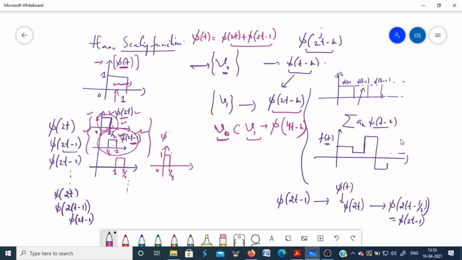This is phi of 4t. Then when you have phi of 4t minus 1, it means you have to shift it by 1 by 4. Then I have phi of 4t minus 2, shift again by 1 by 4, not 1 by 2, sorry. So this is phi of 4t, then phi of 4t minus 1, phi of 4t minus 2, phi of 4t minus 3.